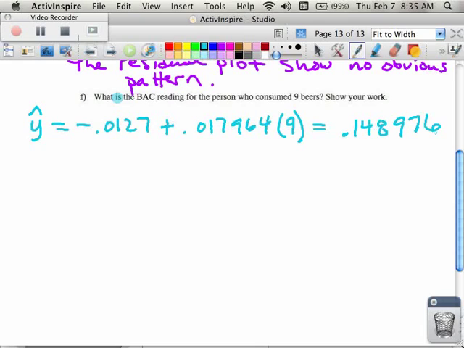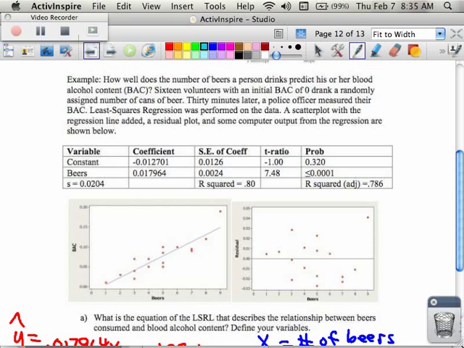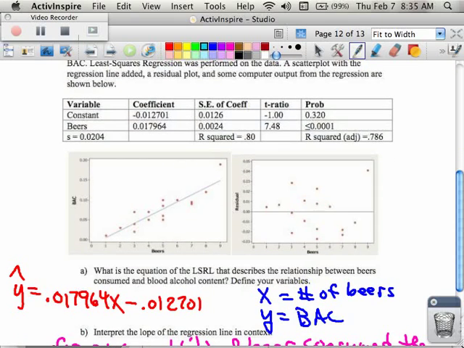How can you do that? They gave you the way to find it. Look back on the previous page. 9 beers is right here. So for 9 beers, this is my residual, which means that my prediction was off.